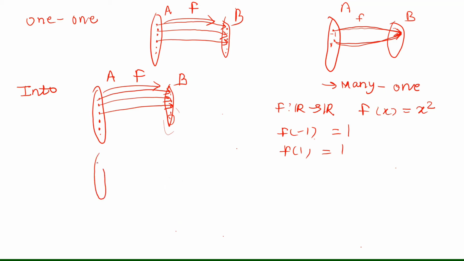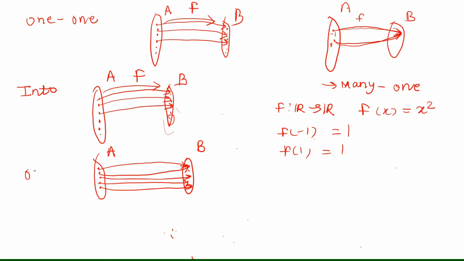On the other hand, when every element of B is connected to at least one element of A, then it is said to be an onto function. So in the onto function, it doesn't matter if the function is one-one or many-one.